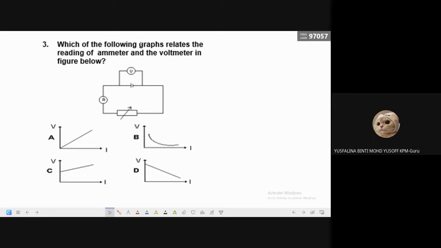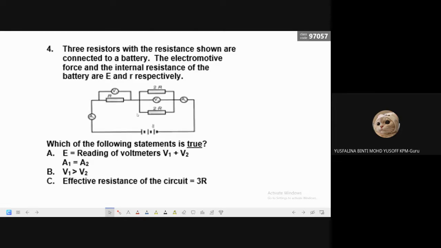When the voltmeter is parallel to the battery, that one is for the electromotive force. It means the graph will go decreasing linearly. So this one, the voltmeter is parallel to the battery, of course that's this one, D. If the voltmeter is parallel to the constant wire, you cannot use a bulb because a bulb is a non-ohmic conductor, right?